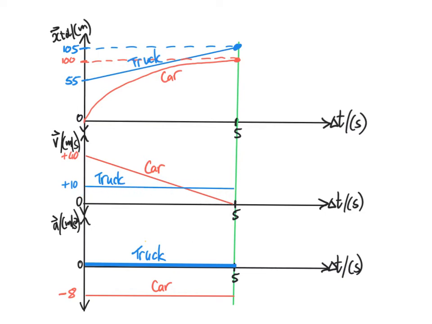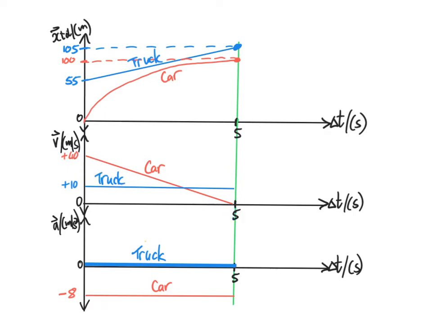So the change in position per unit time is the same all the way through. But now the car decelerates. The car has a deceleration of minus 8 meters per second squared. That was given to us. It starts at 40 meters per second and comes to rest over 5 seconds.